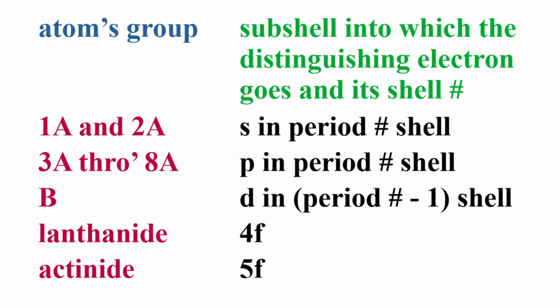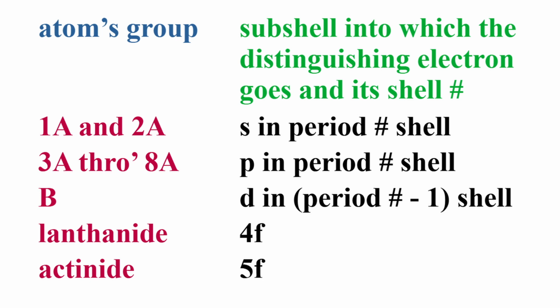The shell number of the S subshell is equal to the period number. Groups 3A through 8A constitute the P block elements in whose atoms the last distinguishing electron goes into the P subshell by following Hund's principle. Again, the shell number of the P subshell is equal to the period number.